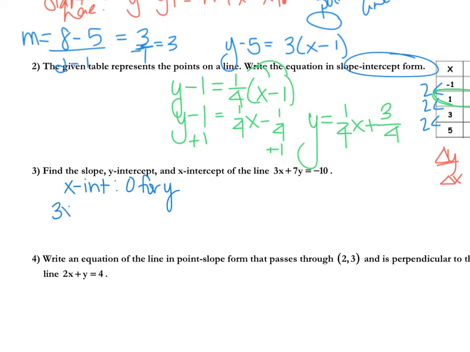So 3x plus 7 times 0 equals negative 10. So 3x equals negative 10. X equals negative 10 over 3. Now, when you write your x-intercept, you should always write it as an ordered pair. So my answer is negative 10 over 3, comma 0.